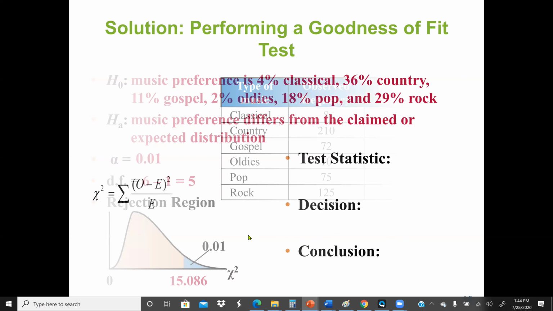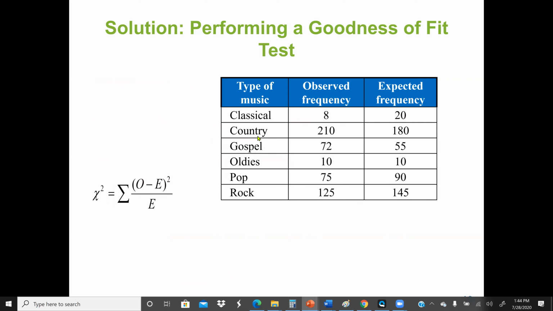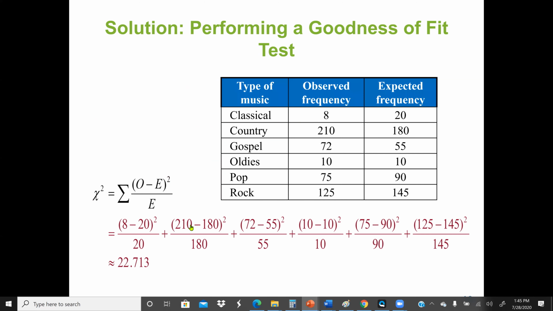We know the test statistic formula, with 6 different categories. We're going to find chi-square, the sum of (O minus E) squared over E, where O is the observed frequency and E is the expected frequency. So we plug in the values. We have 6 terms. First is (8 minus 20) squared over 20. Then second is (210 minus 180) squared over 180.